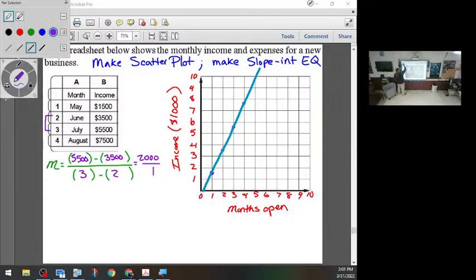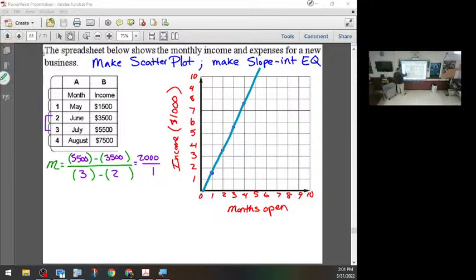Then most of you were fans of just plugging into y equals mx plus b. So again, pick any one of these. I'm going to pick maybe the easiest point on there, the one with the smaller numbers.